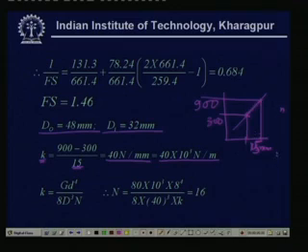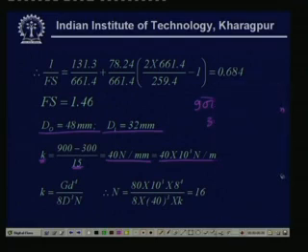Once we know the value of steepness, we can find out the number of turns. The number of turns can be obtained from this relationship. So, the number of turns comes out to be 16.